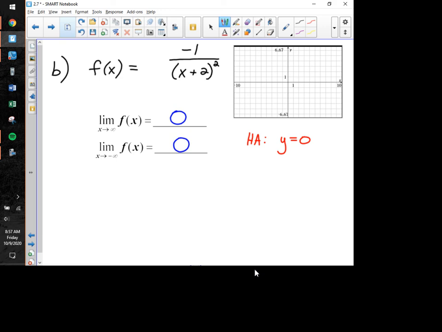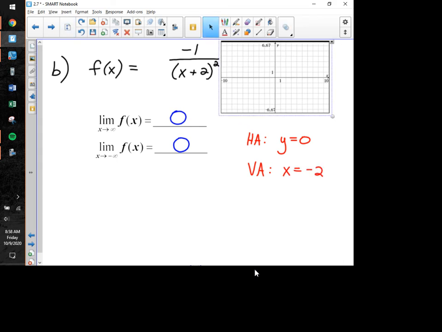Now really, that's as much work as you guys need to do on some of these problems if, let me finish this thought, if it's a rational function and you feel confident that you know how this function behaves in both directions. So that's really where we could stop. I'm going to go just a little bit further because I want to prove my point to you guys. A vertical asymptote exists when our denominator would equal 0. That's going to be x equals -2. So probably could have made that graph a little bigger.